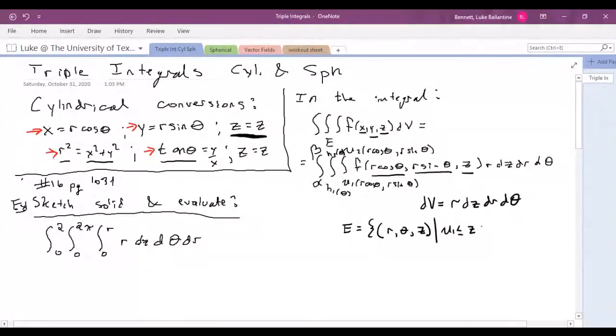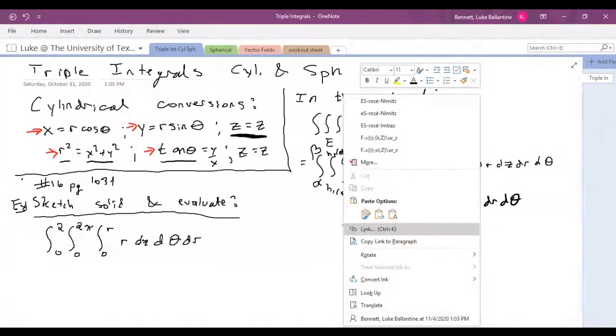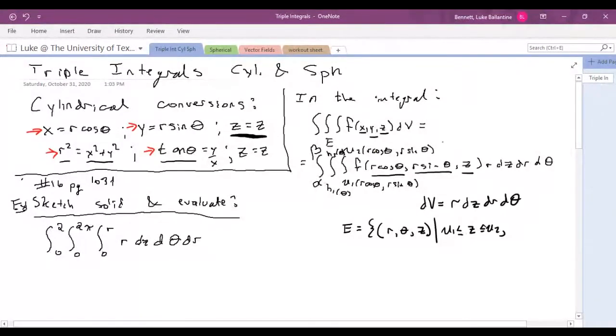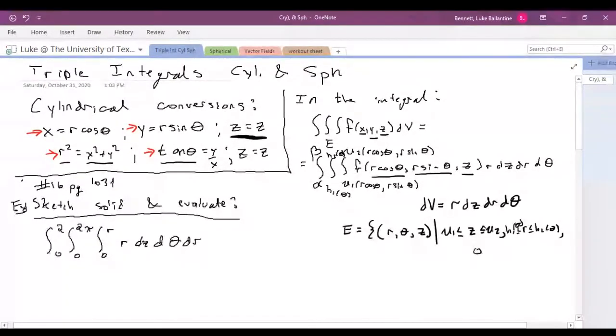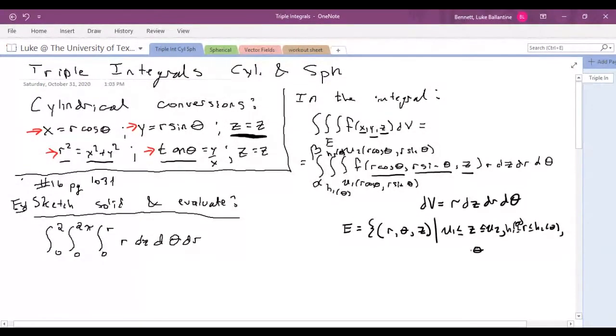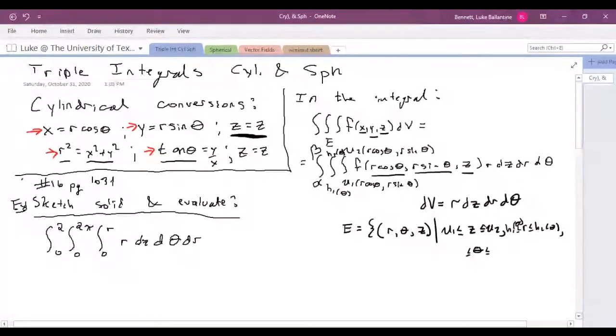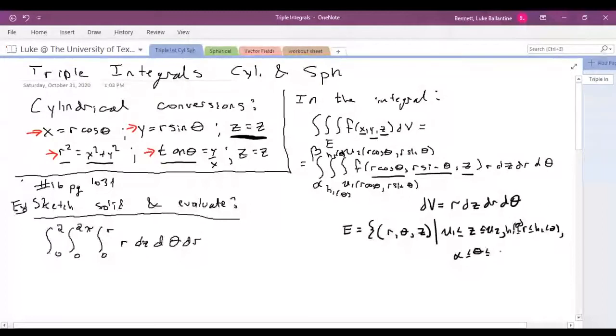So z is greater than or equal to u1 and less than or equal to u2. R is in between two functions of theta, h1 of theta and h2 of theta, but again, they can be constant. And theta, our independent variable, lies in between alpha and beta.